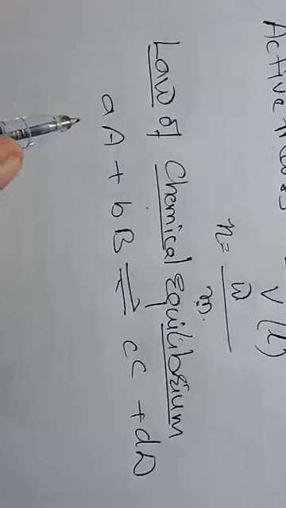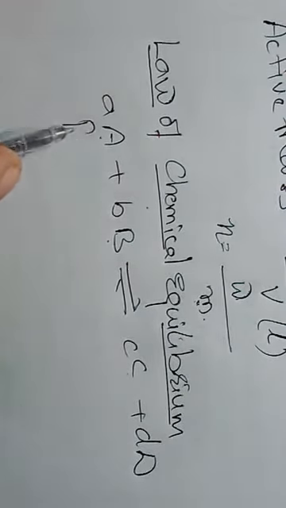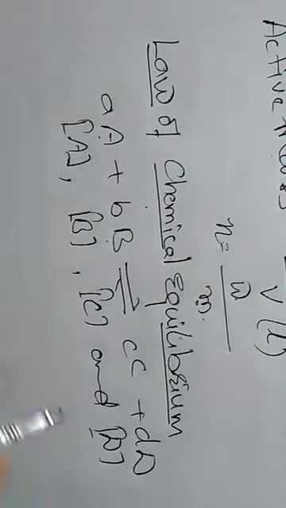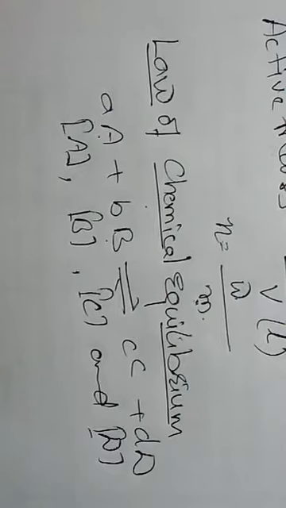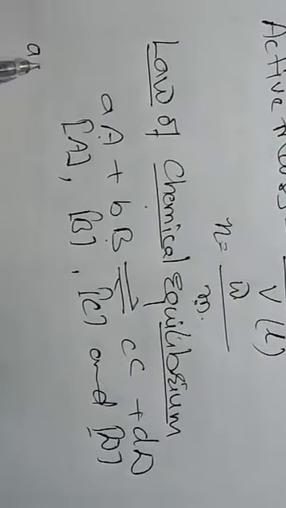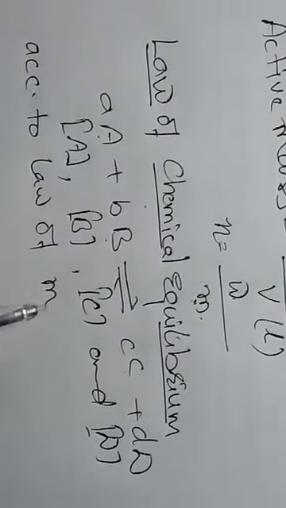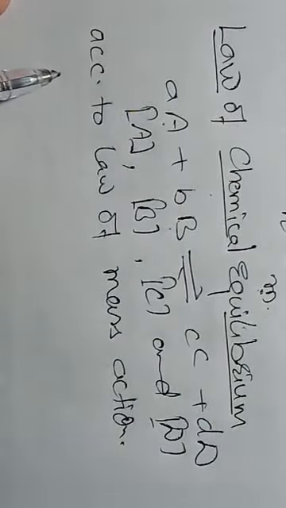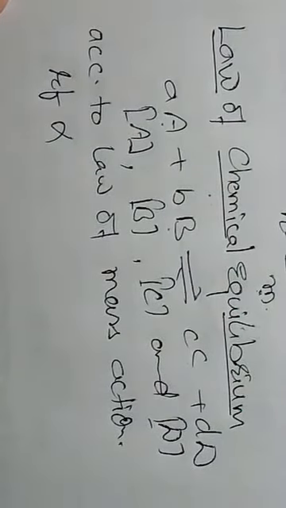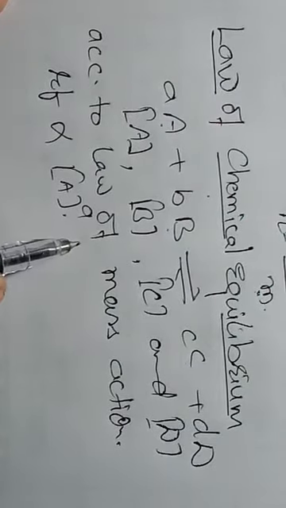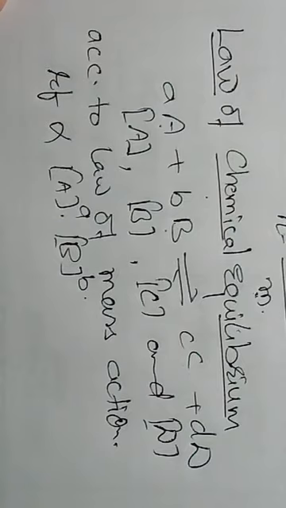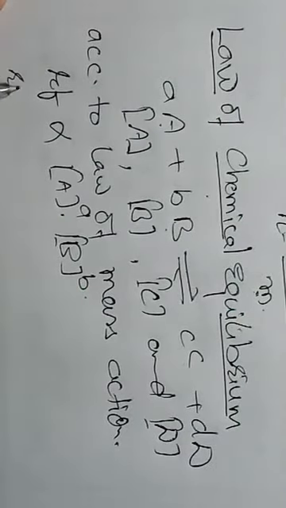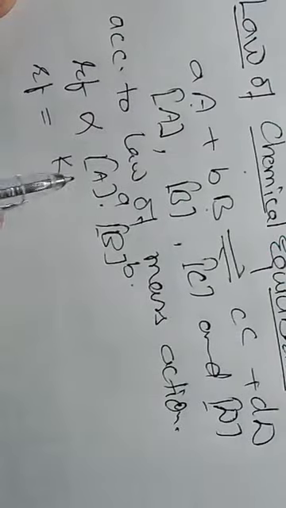So if the active masses of A, B, C and D are respectively, then according to the law of mass action, the rate of forward reaction will be proportional to the product of active masses raised to the power equal to the stoichiometric coefficient, or you can say RF will be equal to KF.